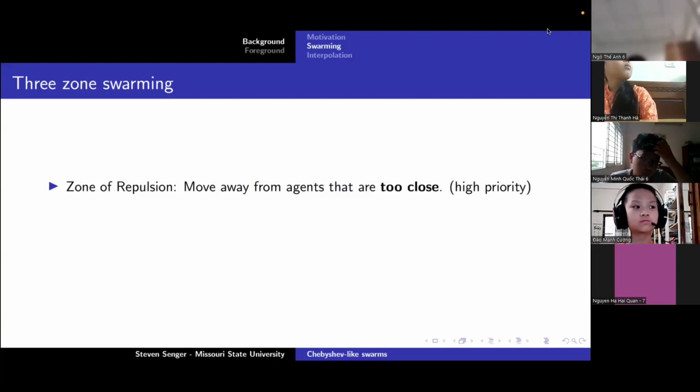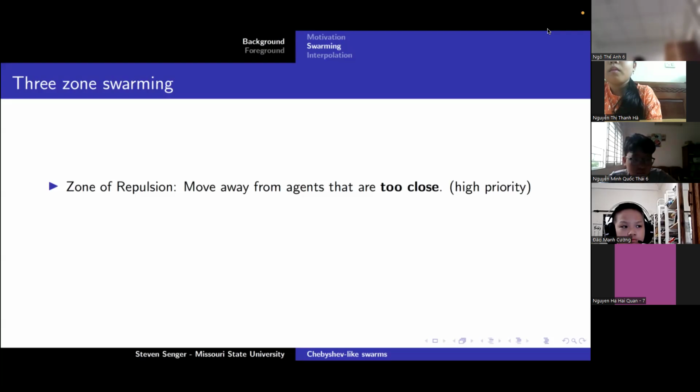But for the illustrations I'm going to give you, you can think of these as remote controlled cars on the ground, or you can think of them as birds in the sky, but I'm just going to focus on the 2-dimensional behavior. For 3-zone swarming, first and foremost I want to make sure that my robots stay alive. I mean, they're not alive like humans are alive, but I want to make sure that my robots keep moving and don't crash.